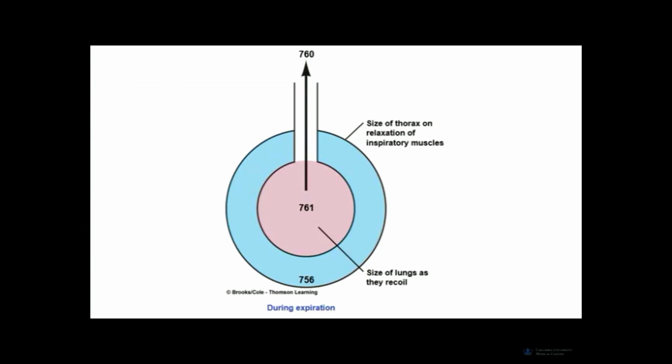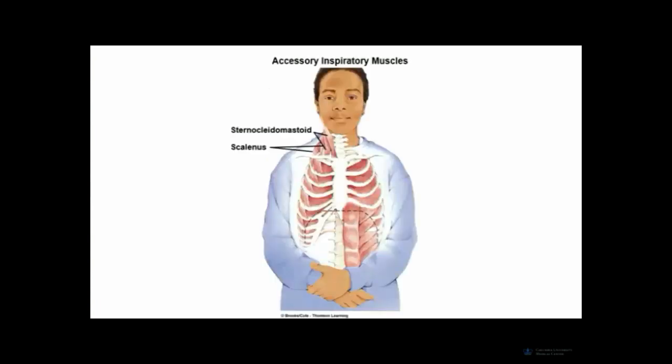The accessory muscles for forceful inhalation are located in and around the neck area, and there's a large muscle at the side of the neck called the sternocleidomastoid, and then below that there's the scalenus muscle.